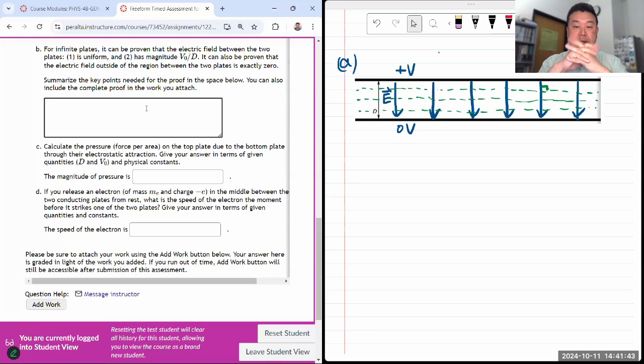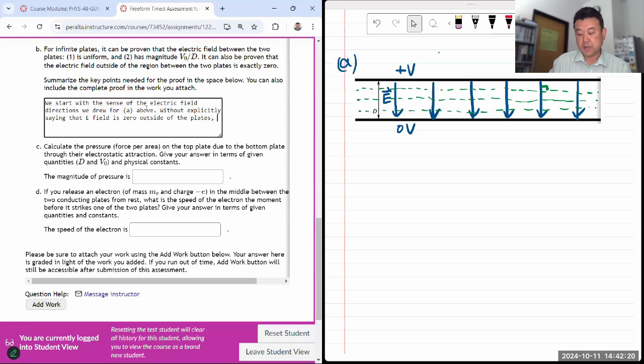So, key points. We start with the sense of the electric field directions we drew for part A above, without explicitly saying that the E field is 0 outside of the plates.